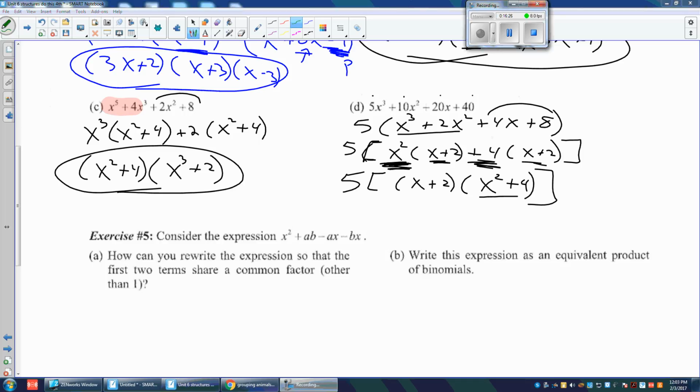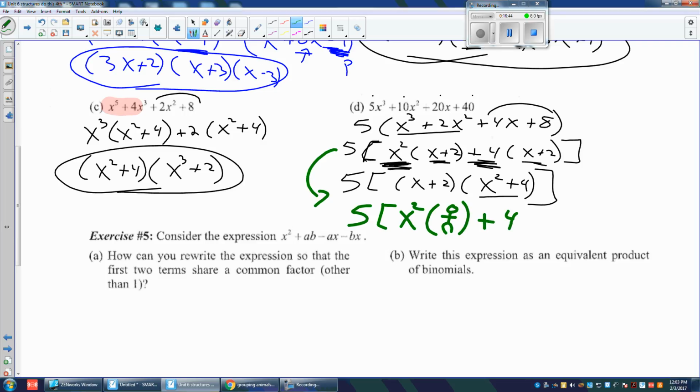I'm just going to take a moment here to explain why this works one more time, just like I did before. So I'm going to take that line and I'm going to rewrite it. It's 5, then x squared times a monster. The monster is x plus 2, plus the 4, and then the x plus 2 is just a monster.